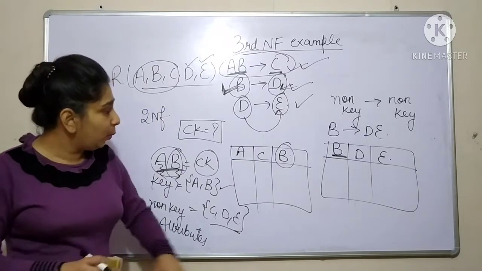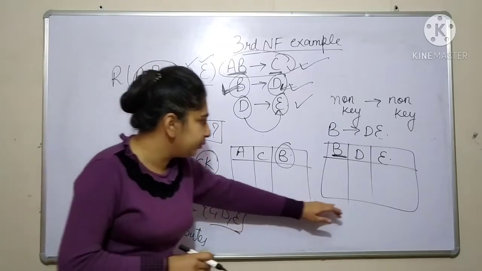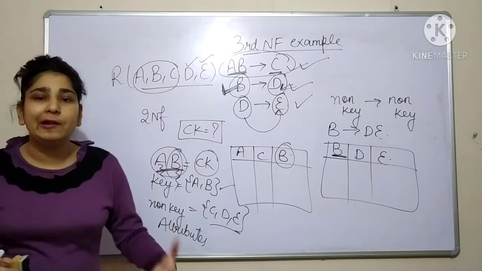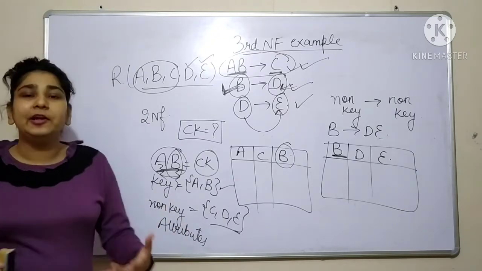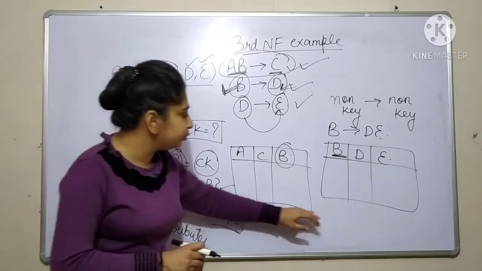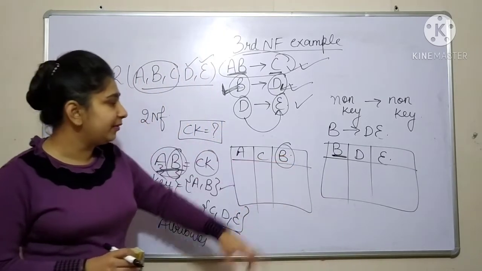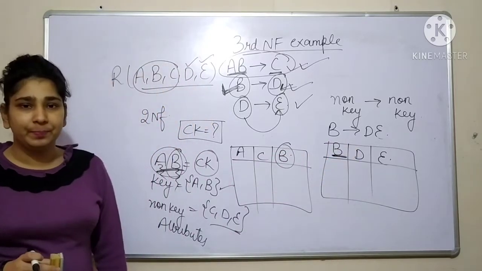So why do we need a common attribute in these two relations? Because it helps in combining these two relations. If at a later point of time we want to join these two tables, we can combine these two relations with the help of this common attribute.